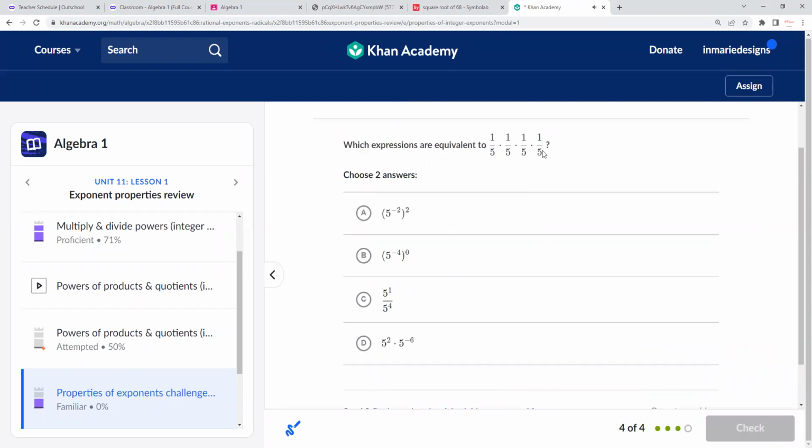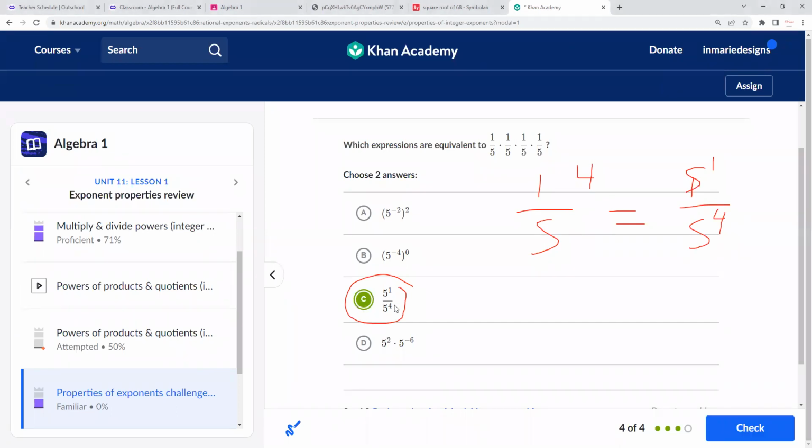Okay, this would get me 1/5 to the 4th power, which would be the same thing as 1 over 5 to the 4th, which would be this here, or 5 to the 1st over 5 to the 4th.